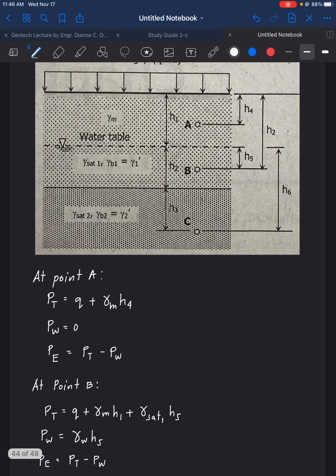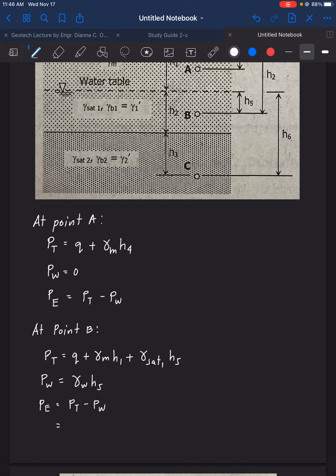That's the general formula. Or we can solve for P effective as Q, the surcharge, plus gamma moist H1. And then when it comes to the submerged portion, the gamma sat, we will take the gamma effective 1, or we can have that also as gamma prime 1. So it's the same, okay?